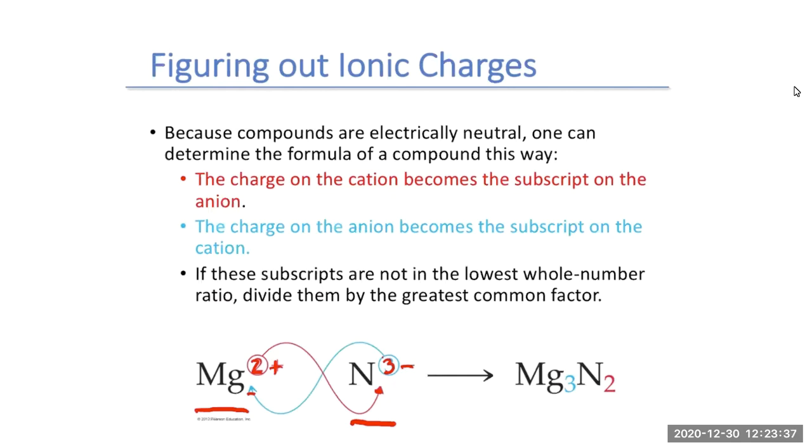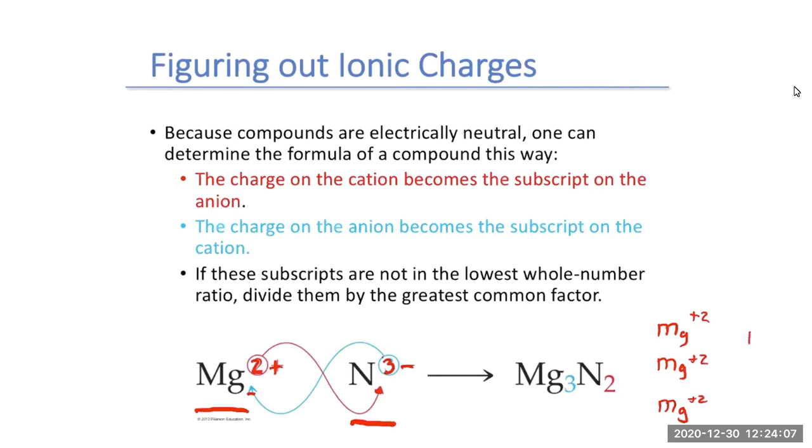And we can double check to make sure these charges cancel. When we write the formula Mg3N2, what we're saying is there's 3 magnesiums, each with a +2 charge. And you can write the plus in front or behind, it doesn't matter.